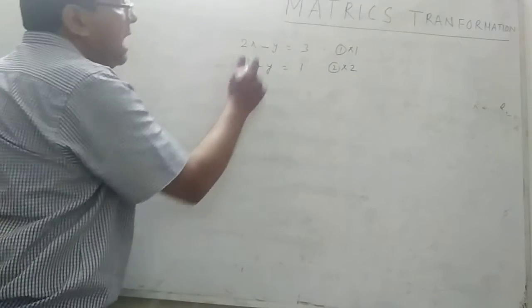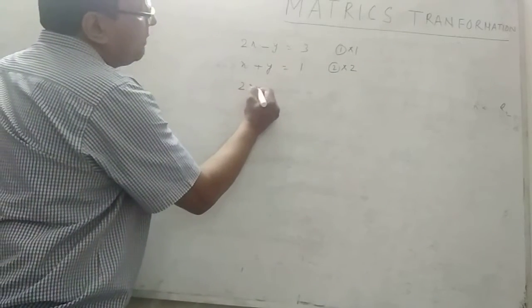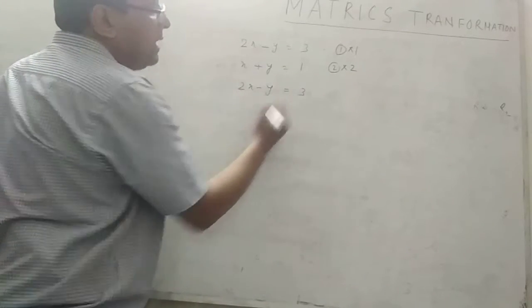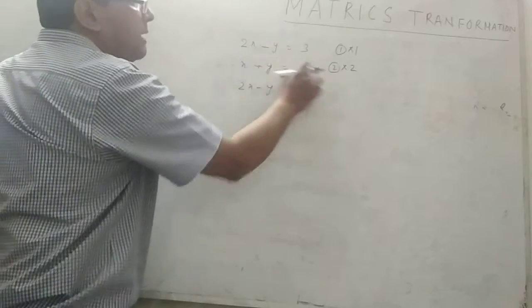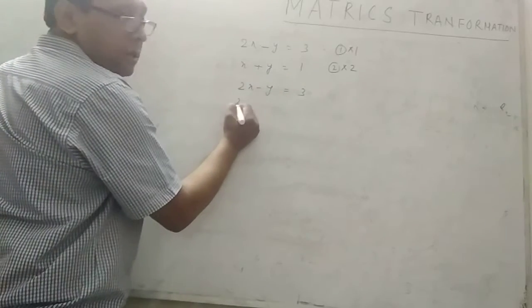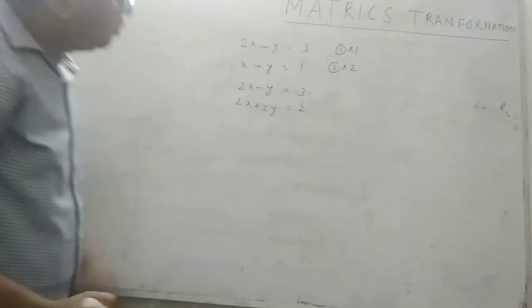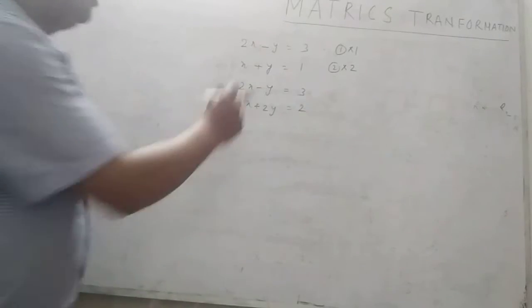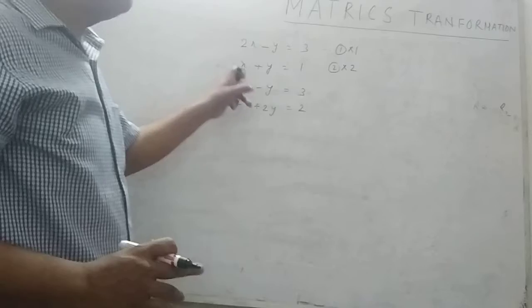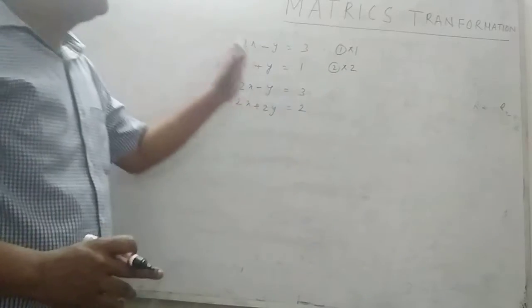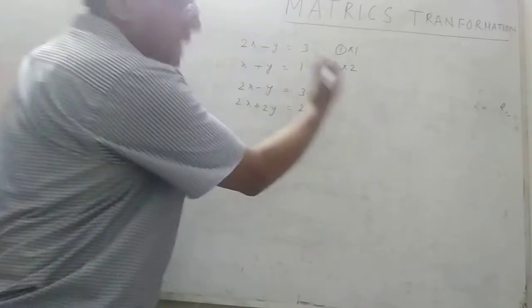So over here I can write 2x minus y is equal to 3, and if I multiply the equation by 2 on both sides, I can write 2x plus 2y is equal to 2. So this expression I can write, that is, here we have multiplied this by 2. For the same expression, how can I write it over here?